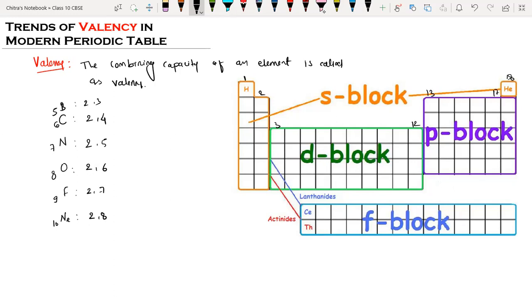So we know the octet rule. We have already gone through that octet rule. What is the octet rule?